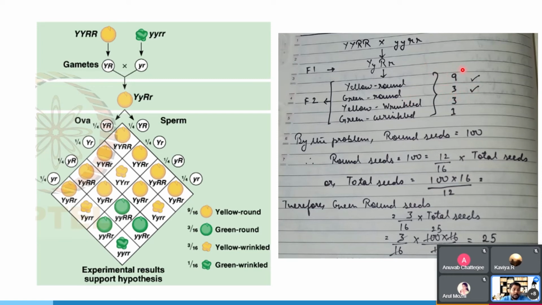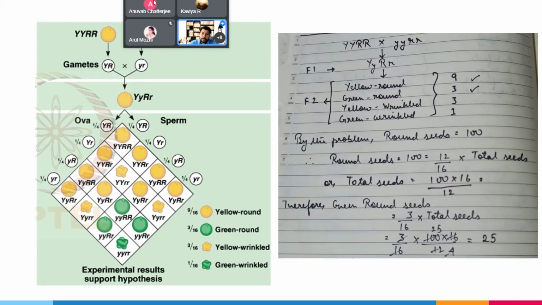So essentially 9 plus 3, 12 out of 16 of the total seeds are round, which is 100. Thus the total seeds come about by cross multiplying, 100 into 16 by 12.